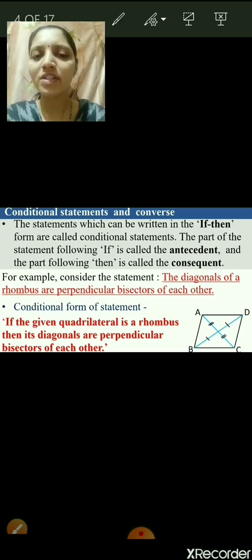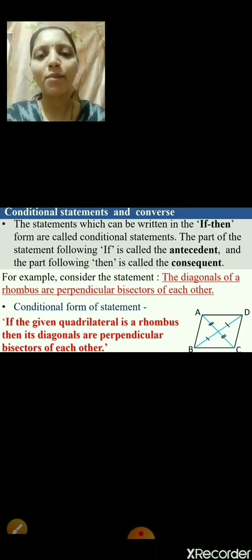The part following if is called the antecedent and the part following then is called the consequent. Now let's take one example. One statement I have written here is: the diagonals of a rhombus are perpendicular bisectors of each other.